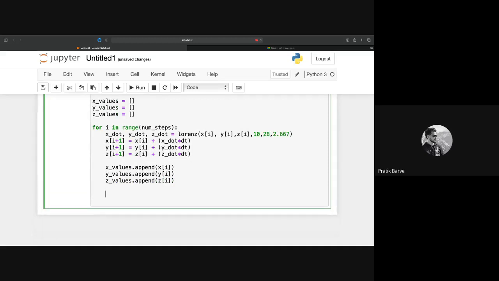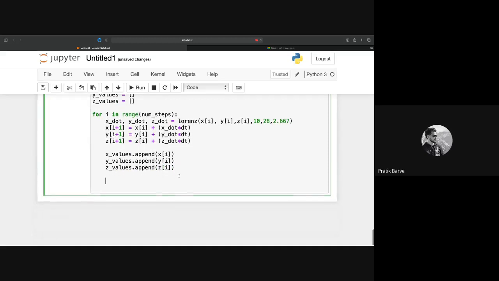And now I'll plot. Now what I'm doing is I am putting the code for the plot inside the for loop itself. So by putting this inside the for loop, it won't plot all of the points immediately. It will plot each point as i iterates. So we'll see sort of a slow animation happening.